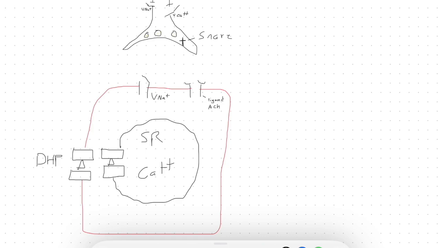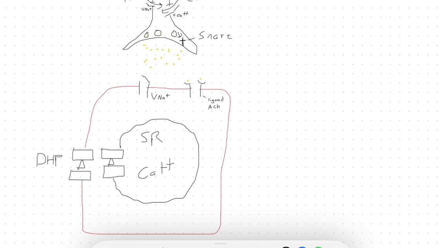Starting with the action potential of muscle contraction, we have a motor neuron at the site of the muscle. The neuron has a voltage-gated sodium channel that will allow sodium in and open voltage-gated calcium channels. As calcium rushes in, it activates a SNARE protein that will then cause the release of acetylcholine.